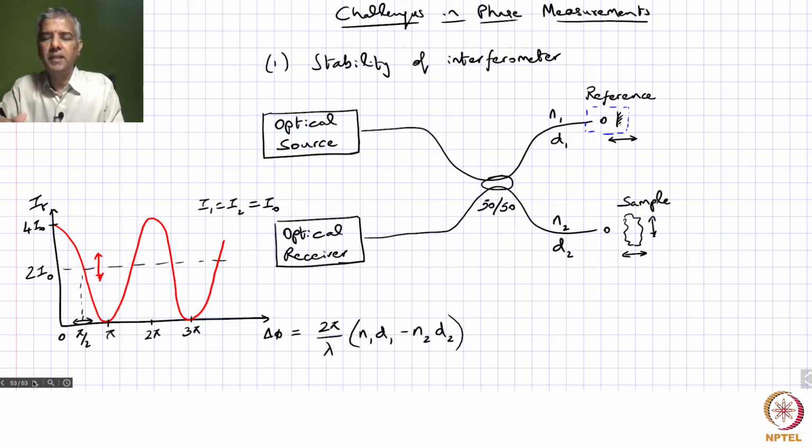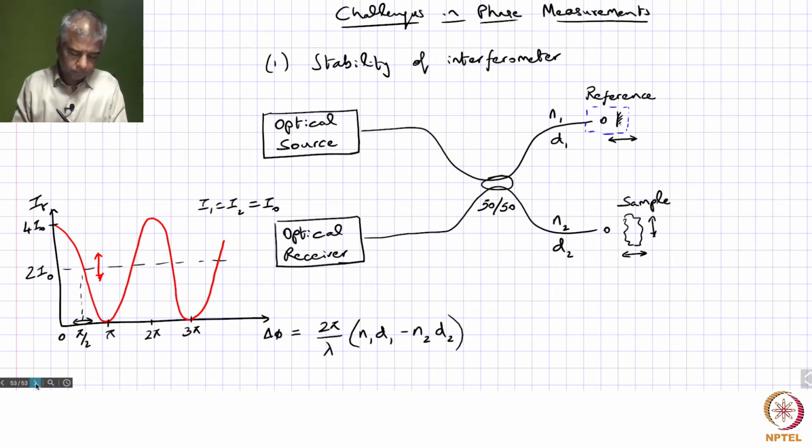Do you really need that sort of order so that you can actually have this interference happen, or can you tolerate broader light sources like a Fabry-Perot laser, for example, which has a linewidth not in kilohertz, but in the order of gigahertz, or maybe hundreds of gigahertz? Can you still get reasonable interference with that sort of a source? So that is our next challenge, right? So let's actually examine that a little more closely. What is the role of source coherence in all these phase measurements?